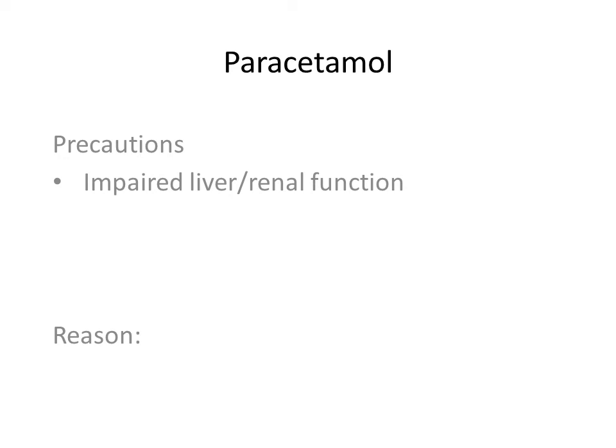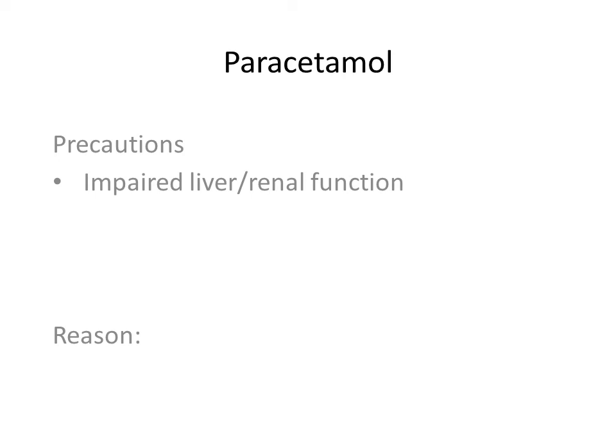Because paracetamol can be very toxic to the liver in the wrong doses, that is why it is a precaution. So if the person's already suffering liver failure or they've had sections of their liver removed, be wary of that and potentially think about giving them a lower dose, because the liver's still got to metabolize it. If there's any impairment in the function of their liver, you might just want to consider giving them a smaller dose.